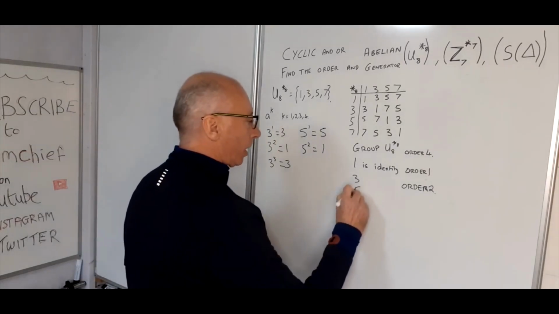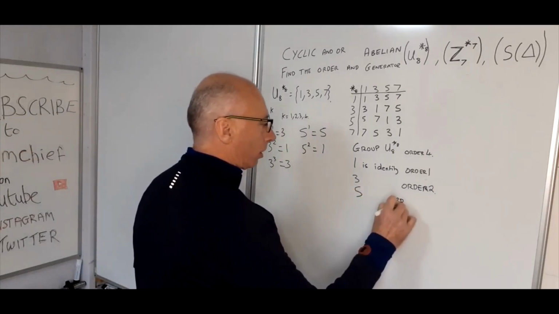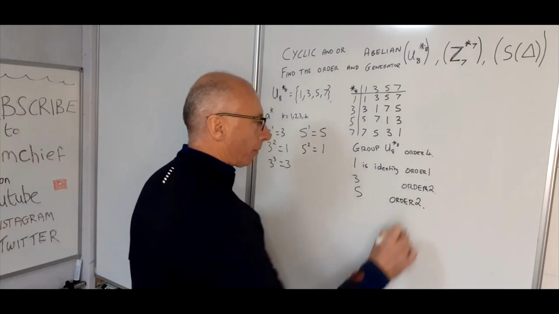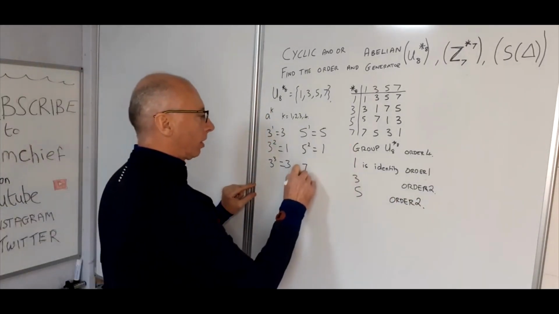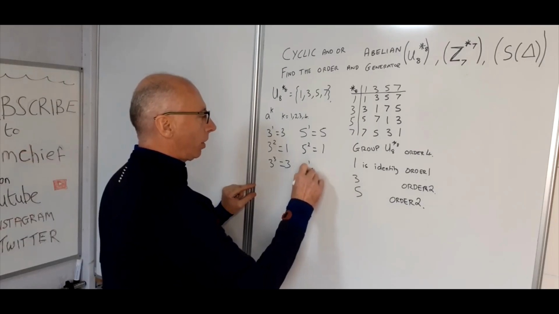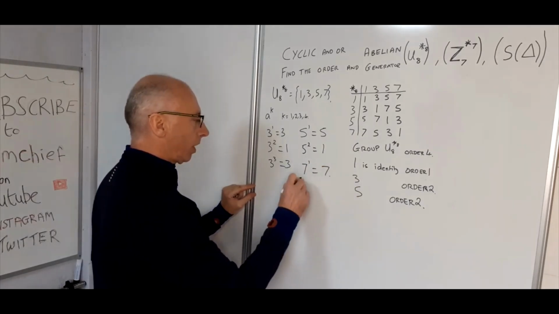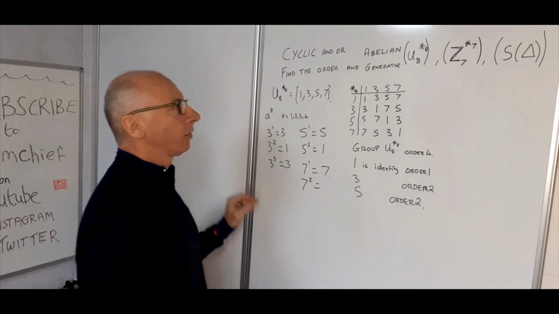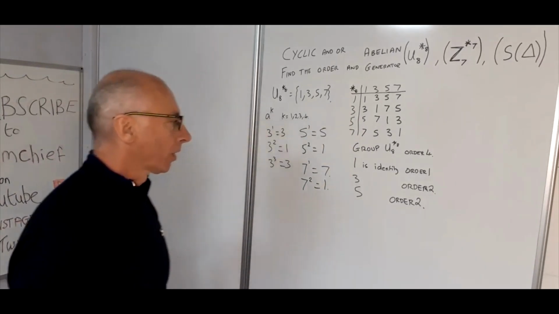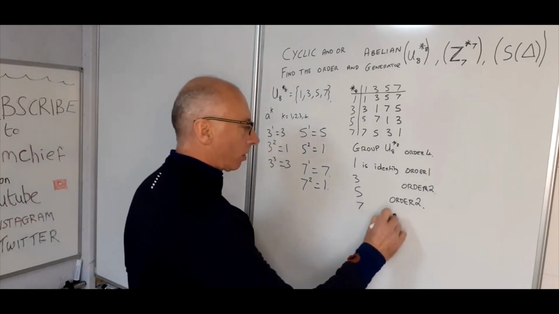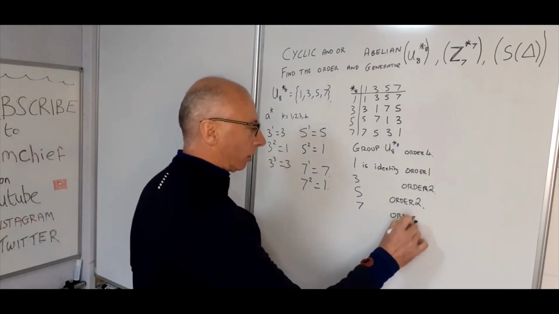So 5 again is order 2. Okay, now what about 7? So 7 to the power of 1 equals 7. That's fine. 7 squared is 49. 49 modulus 8 will give us 1. So therefore 7 is of order 2.